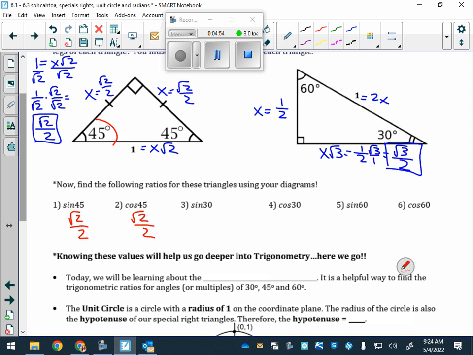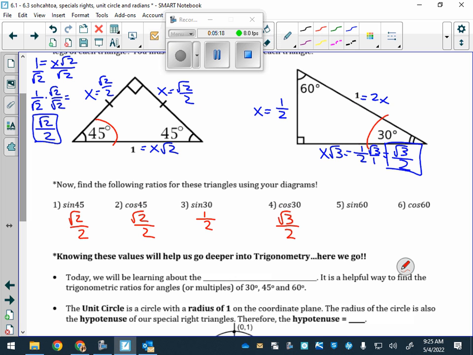Now we're moving on to the 30-60-90. For 30, the sine of 30 would be what? 1/2. The cosine of 30 would be √3/2.